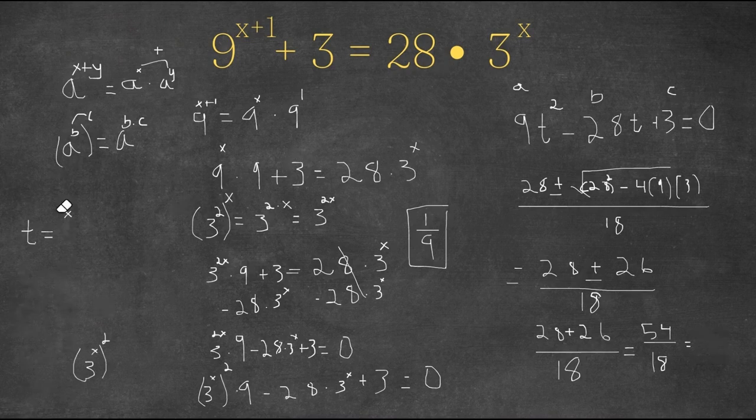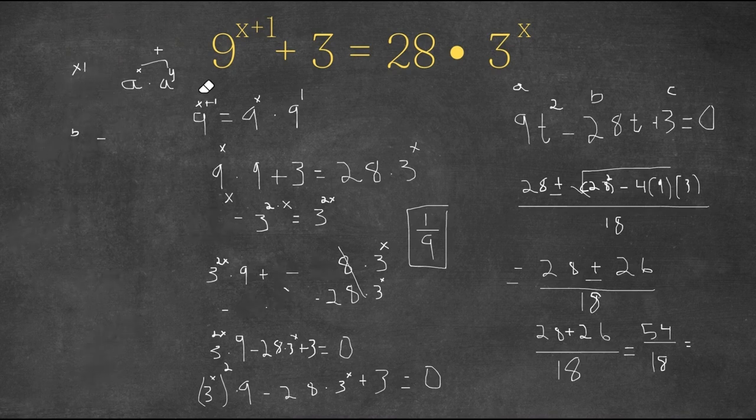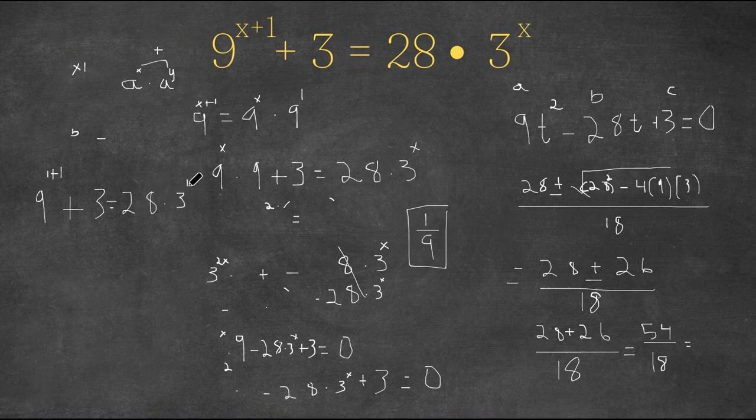So let me just erase all this. So we have 9 to the power of 1 plus 1, plus 3, equals 28 times 3 to the power of 1.